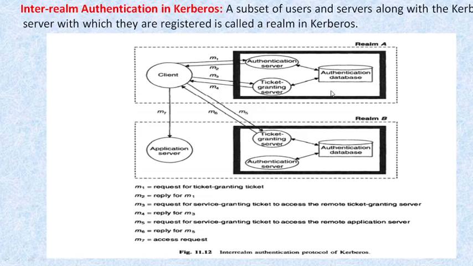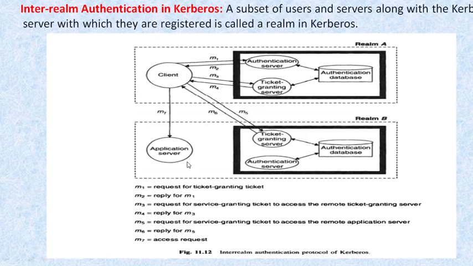Okay? And for this, the Kerberos server of one ring will register with the Kerberos servers of all the other rings, so that when a client of this ring communicates with the application server of another ring, like that, whenever a client wants to access a server in a different realm, we have seen that the application server will authenticate the user, and only then does it accept the request and the services are provided.